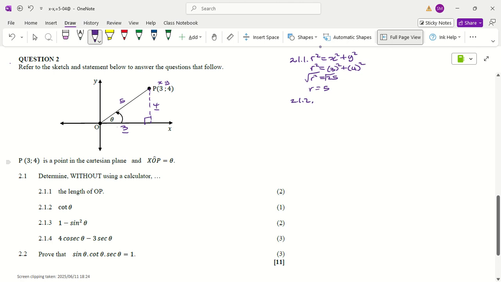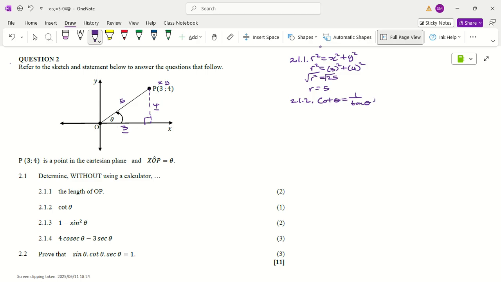2.1.2, we need to calculate cot theta, and we know that cot theta is the reciprocal, 1 over tan theta.